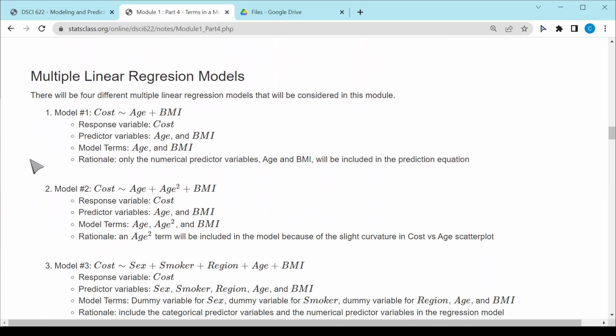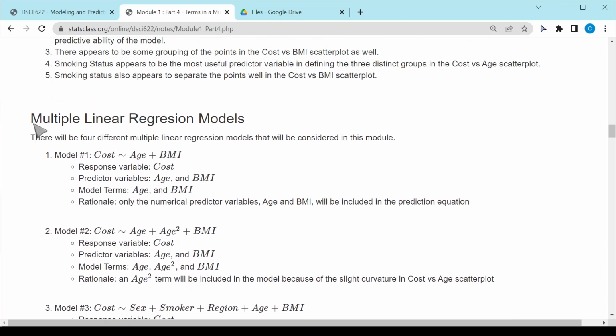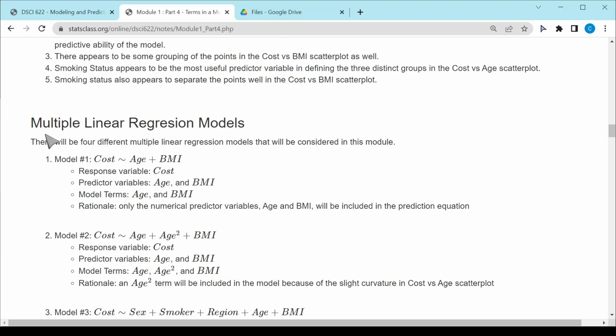Okay, I'm going to fit actually 4 different linear regression models. I'll provide rationale for each. We are going to spend most of the time just talking about model number 4 because that's the model that performed the best. So as a practicing data scientist, here's how I would think about building up these multiple linear regression models. I'm first going to start with something quite simple.